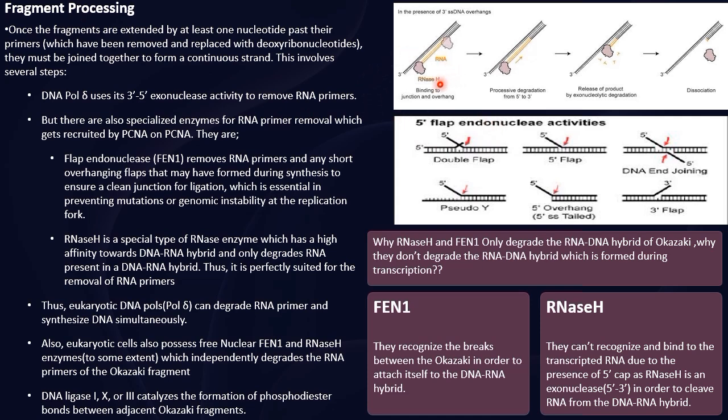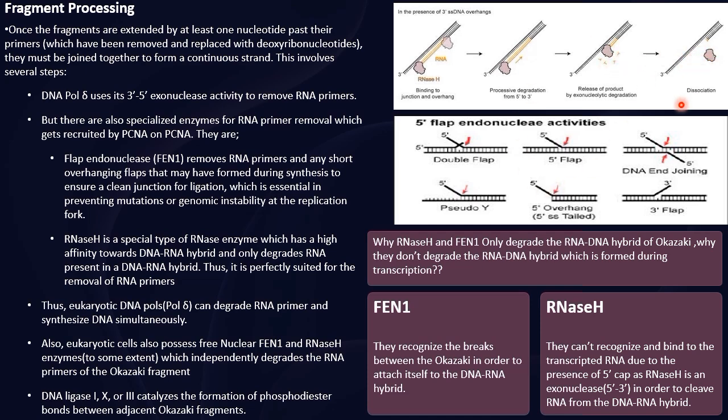So when we see the activities of RNase H, it firstly binds to the single-stranded overhangs or the RNA primers, then progressively degrades from 5' to 3', thus releasing free ribonucleotides which constituted the RNA primer. And after degrading the RNA primer, when it reaches the dNTPs, it dissociates.